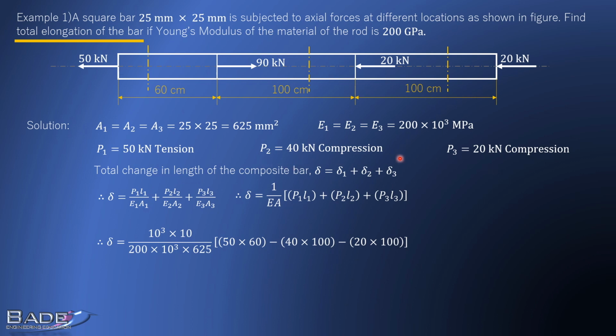The middle portion is carrying compressive force, and compression is a decrease in length. The third portion is carrying compressive load, compression, that is a decrease in length. So I have used a negative sign. While substituting values in this equation, I have taken care of sign conventions for deformations. Remember, decrease in length, negative, and increase in length, positive.